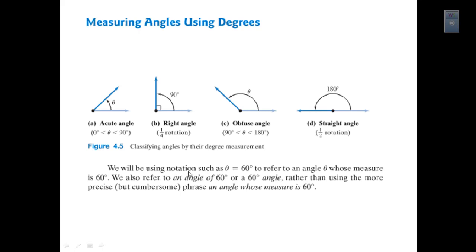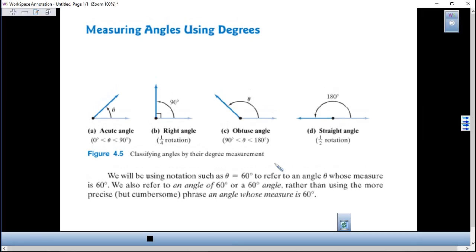Now, we'll be using notations such as theta equals 60 degrees to refer to an angle theta whose measure is 60 degrees. If you'll remember back in geometry, you would have written measure of angle theta equals 60, but we're going to shorten that down a little bit and write it as theta equals 60.